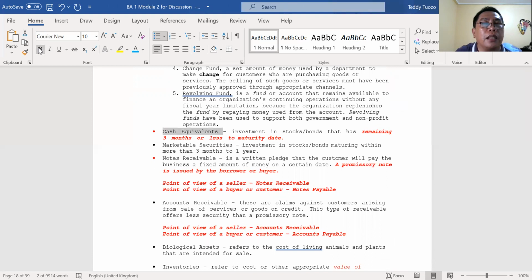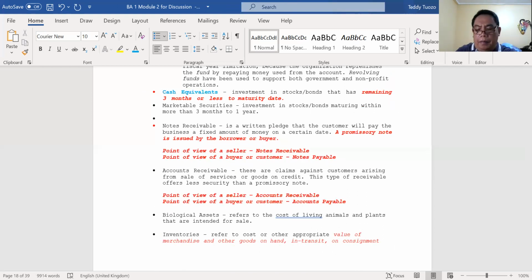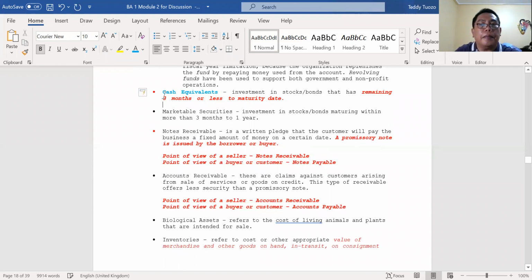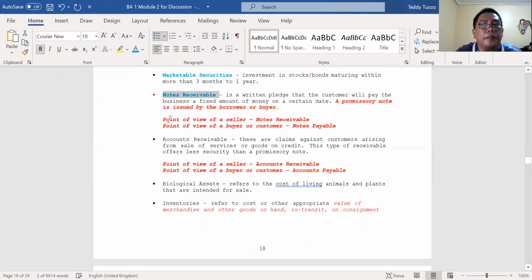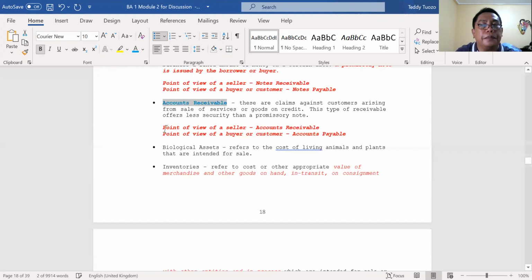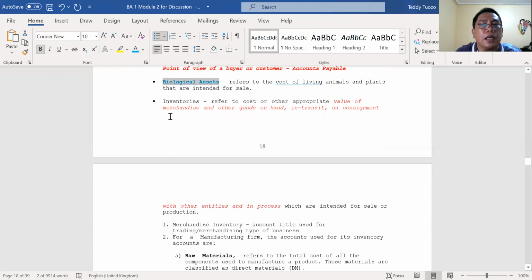Then cash equivalents, marketable securities, notes receivable, biological assets, inventories.